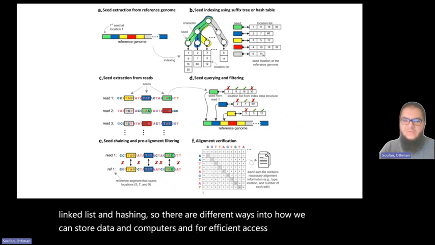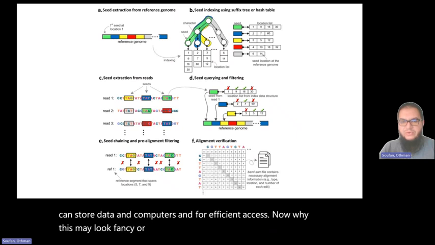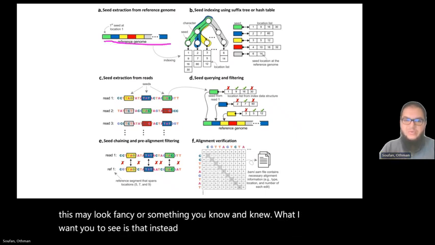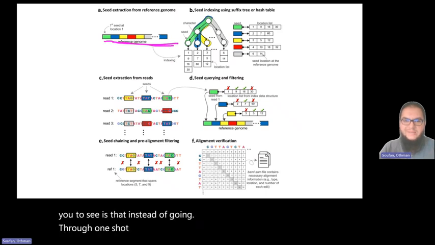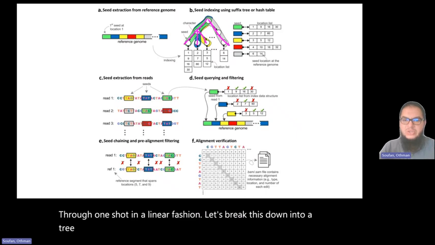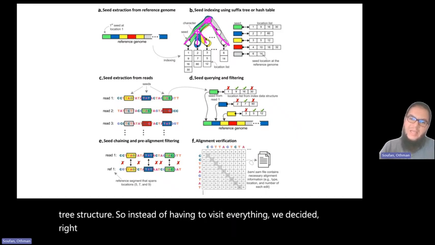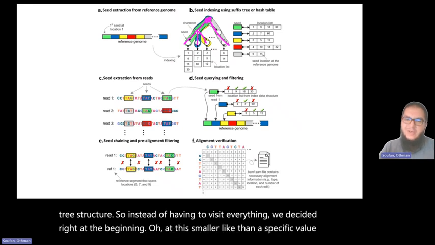Now, while this may look fancy or new, what I want you to see is that instead of going through everything in one shot in a linear fashion, let's break this down into a tree structure. Instead of having to visit everything, we decide right at the beginning whether a value is smaller or higher.